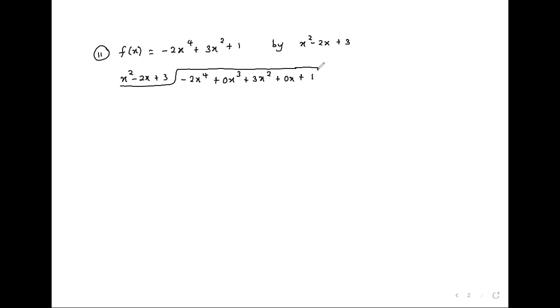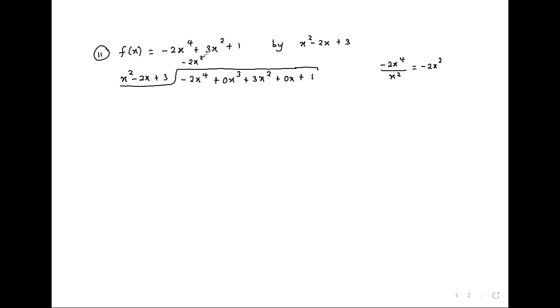We just start dividing. So the highest power divided by the highest power. So we have minus 2x to the 4. We divide by x squared. So we are going to get negative 2x squared. Okay, so that's what we put on top there. Then we multiply.